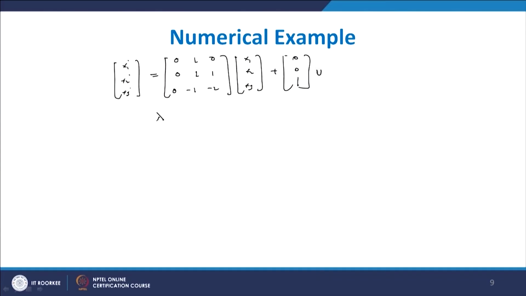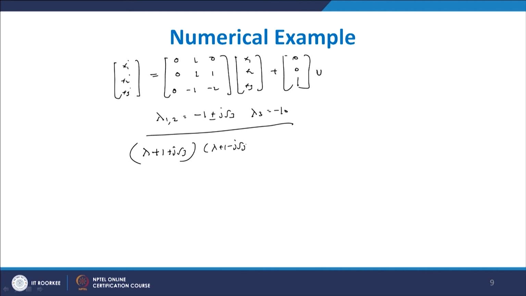Now the desired poles which we considered earlier are lambda 1, 2 as minus 1 plus minus j root 3, and lambda 3 equals minus 10. Based on this we get the equation as lambda plus 1 plus j root 3, lambda plus 1 minus j root 3, times lambda plus 10.